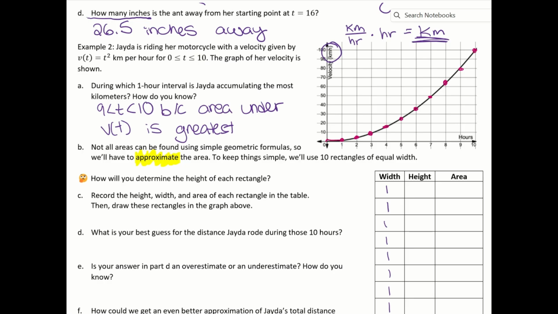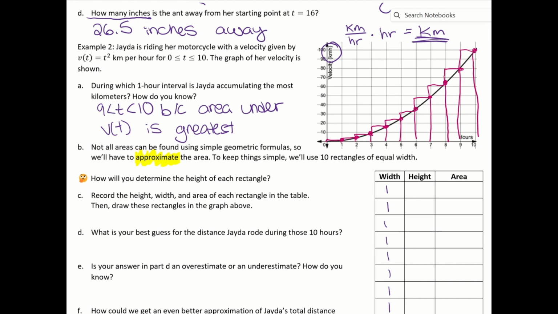So your rectangles would look a little bit different. Yours might look like this. And here's the thing, y'all, there's no right answer here. There's just pros and cons. Depending on how you pick the height of your rectangles, you might get a different area.